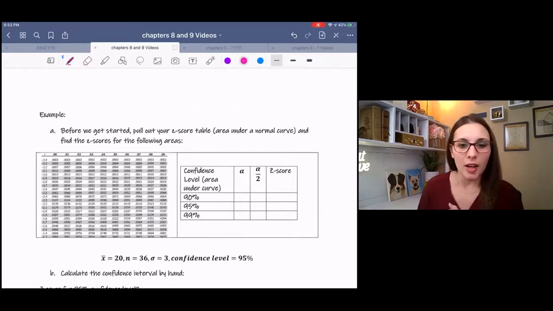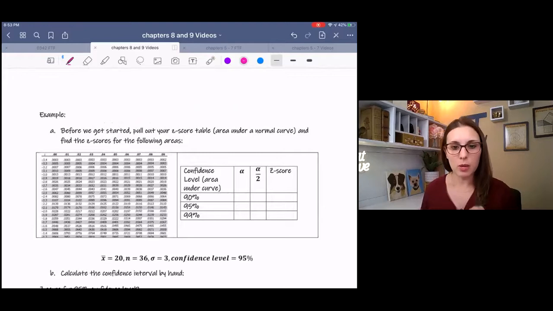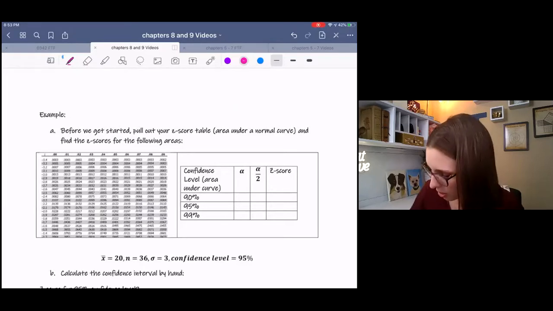So I have a little table here. This table is actually usually given to you in textbooks, but I wanted us to go through and find it. Now remember that z sub alpha over 2 is referring to the right tail.